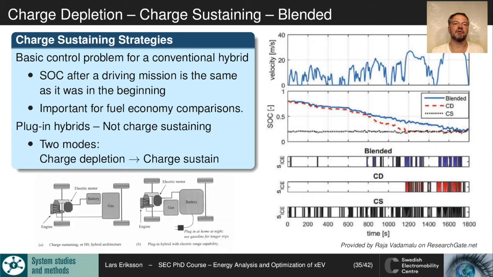Plug-in hybrids though, they are not charge sustaining and they often operate in two modes. One is charge depletion, and then when it has depleted the charge to the lower limit, it goes over to a charge sustain region.